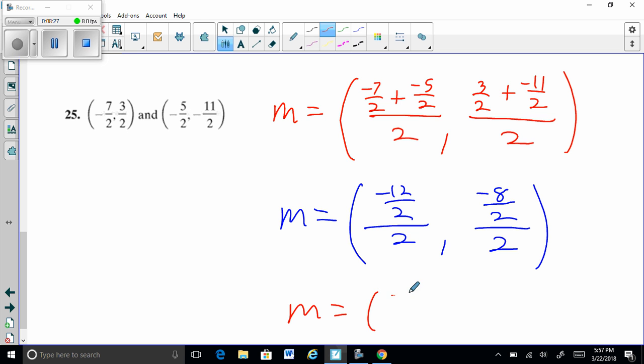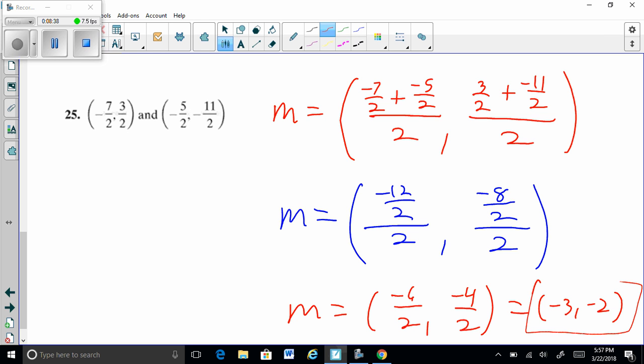So that'll give us -6 over 2, -4 over 2, and then that simplifies to -3, -2. So as I told you from the beginning, that one really wasn't going to be that hard. I mean, obviously when you first look at it, you're like, geez, that doesn't look like fun, but it really doesn't turn out to be too bad.